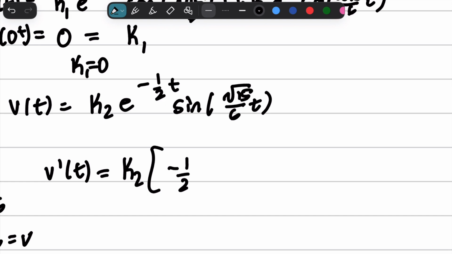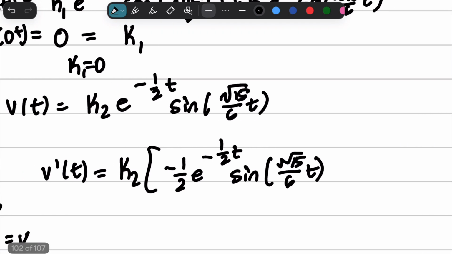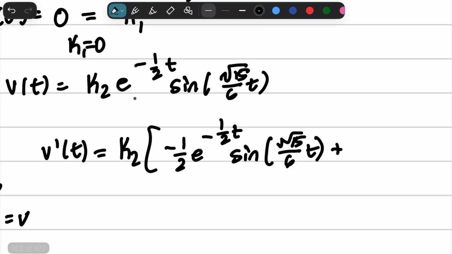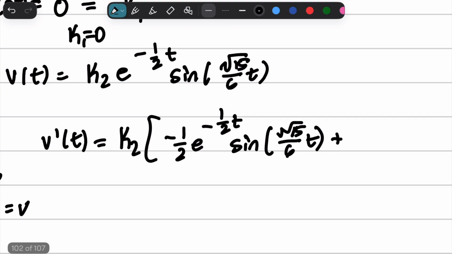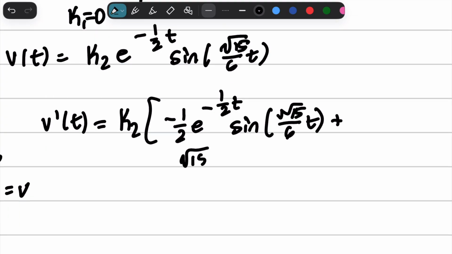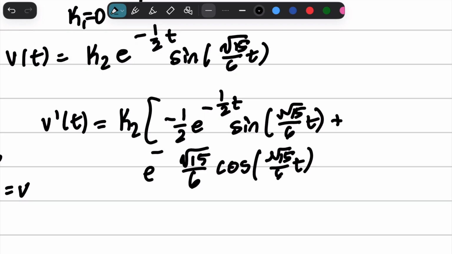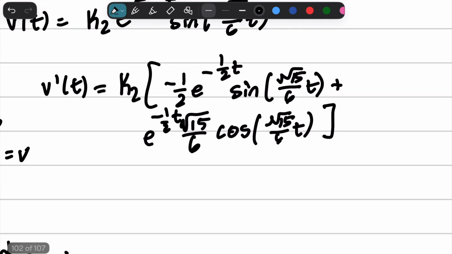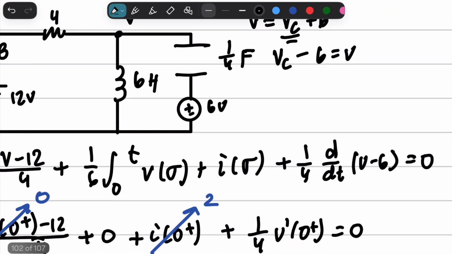So we're going to say -1/2 e to the -1/2 t sine root 15 6th t, plus, now we're going to hold the exponential constant, and we're going to take the derivative of sine, and using chain rule we're going to take out the root 15 6th, and that's going to become cosine root 15 6th t times e to the -1/2 t, like so.